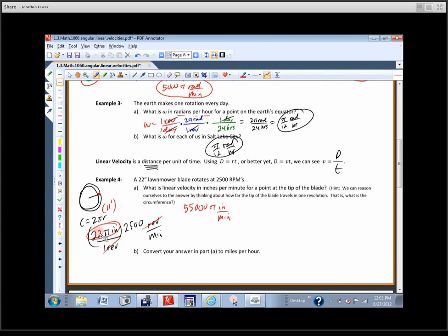Let's convert this to miles per hour. So I'm going to take this. So there's the answer to that first part. If we want miles per hour, I need to change the inches to miles, and I need to change the minutes into hours. So let's do the inches first. 12 inches is 1 foot.